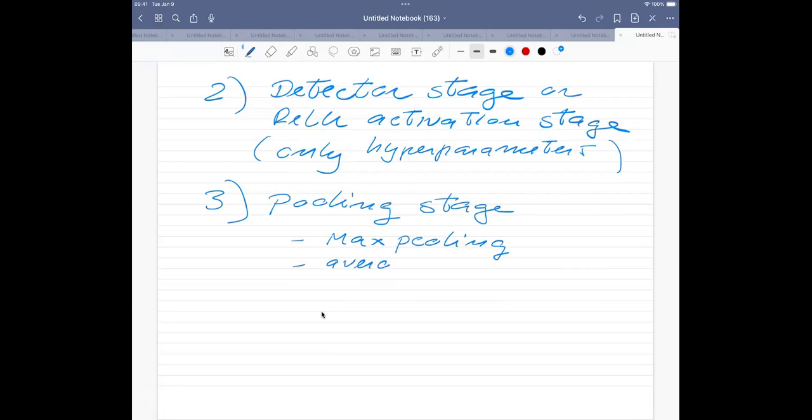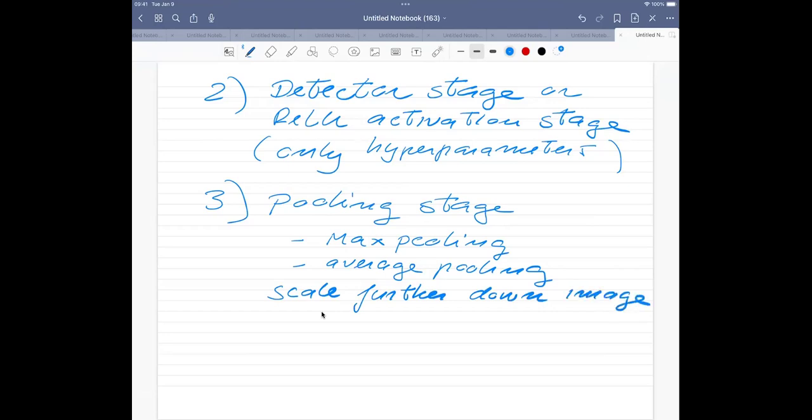So you could take a region of your image and just take the average of all the values which you have. So this is a way to scale further down the image, or the data set which you have.